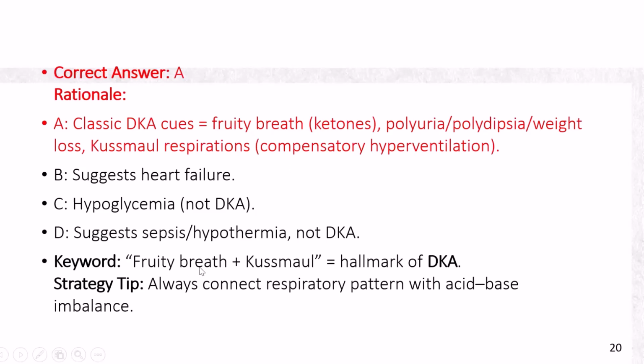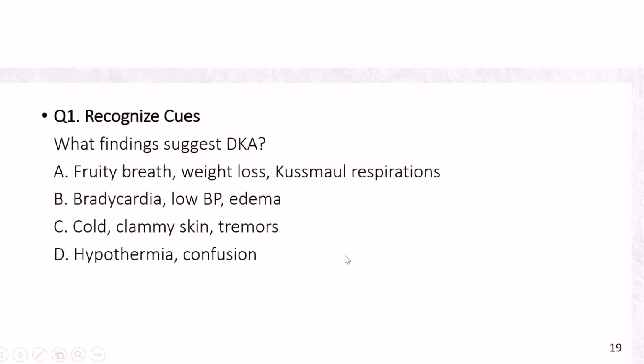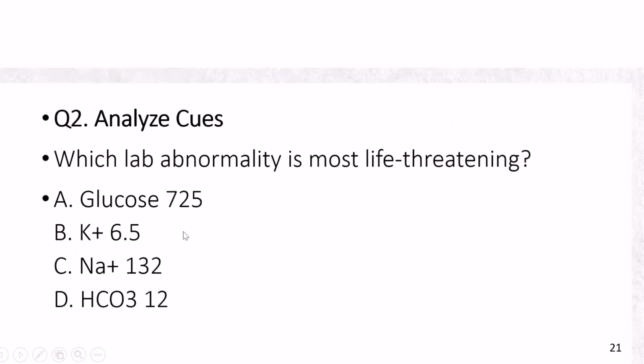When you see fruity breath and the client is hyperventilating, the Kussmaul kind of breathing, go for diabetic ketoacidosis. It's a result of the acid-base imbalance, so you connect the respiratory pattern to the acid-base imbalance. Great, so that is the answer. Recognizing the cues, you notice the client has fruity breath, weight loss, Kussmaul breathing, so it goes for DKA. The others, no.